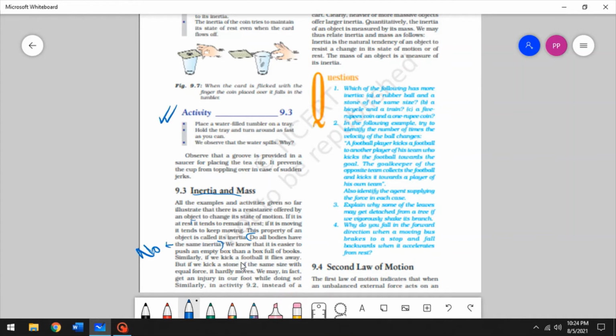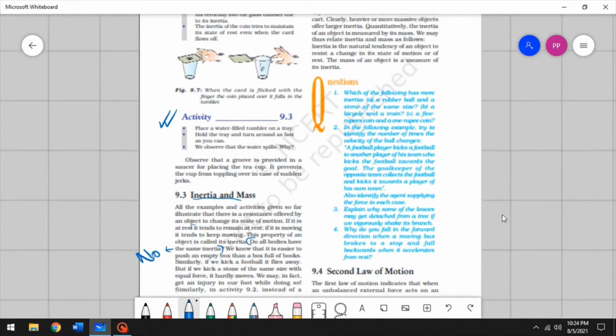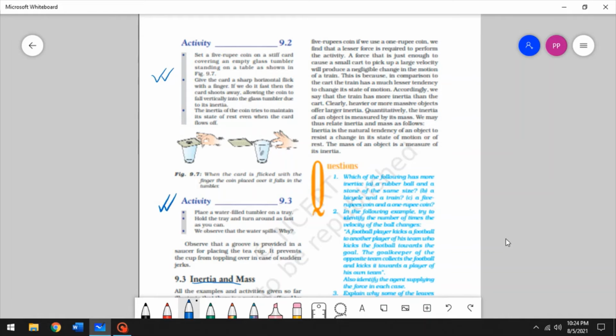Alright? So a heavier or a more massive object has a lesser tendency to change its state. So if you push a truck, it won't move just because you pushed it. But if you push a toy car, there is a good chance of it moving, right?